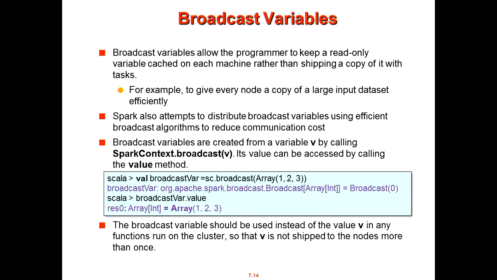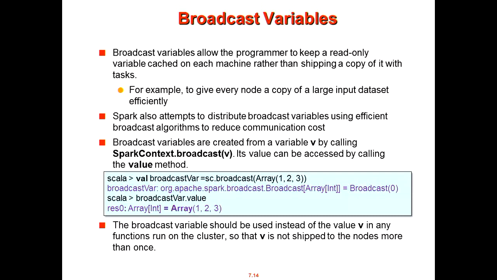So you don't need to create a copy of this shared variable and send this data to the worker every time. But you will cache this data on each node when doing the jobs. For example, to give every node a copy of a large input data set efficiently.